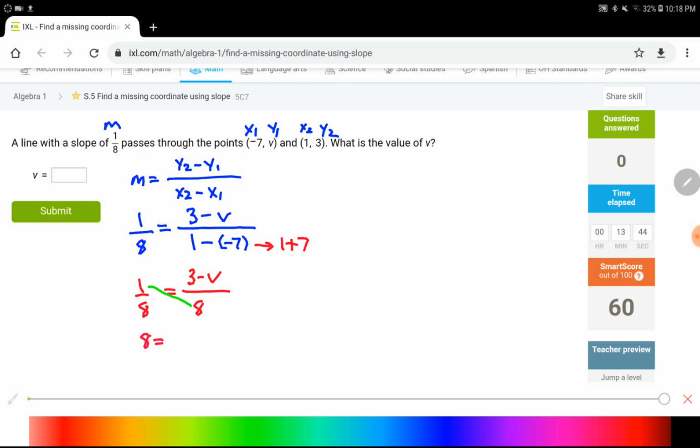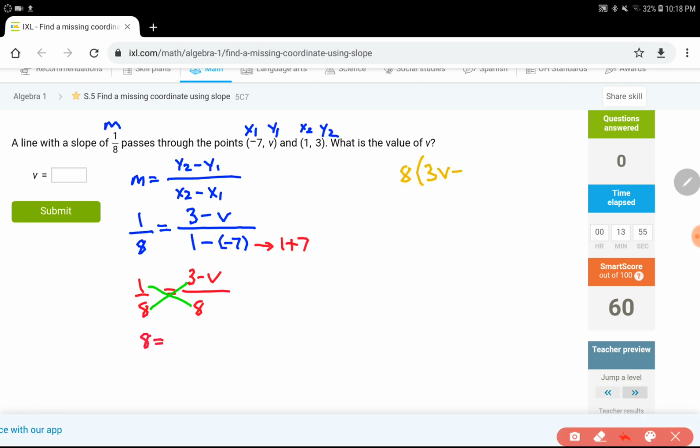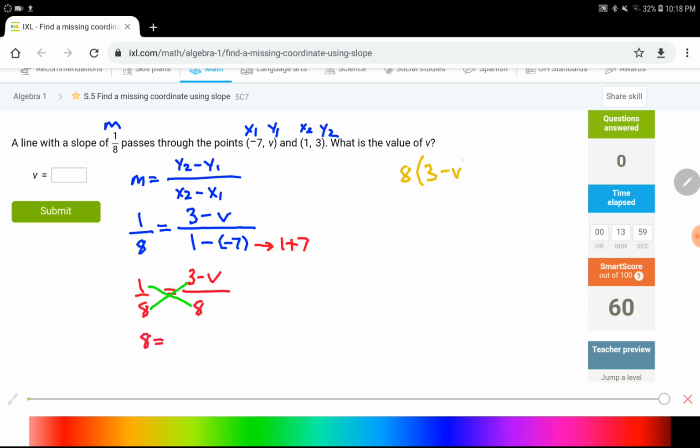And then on the side, I will multiply 8 by 3 minus v. 8 times 3 is 24. 8 times negative v is negative 8v. I will bring that down over here.